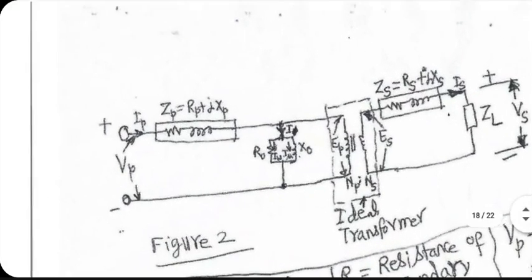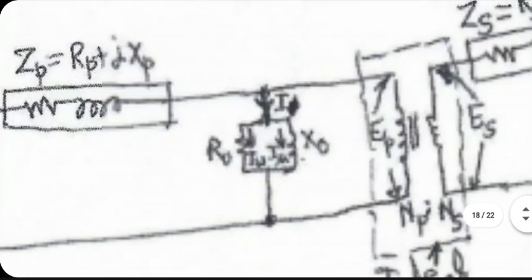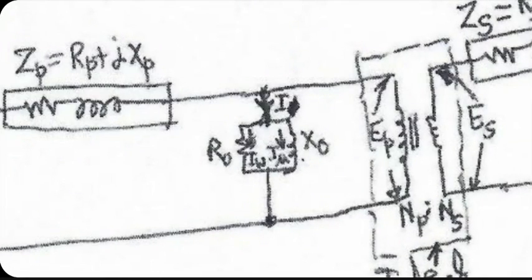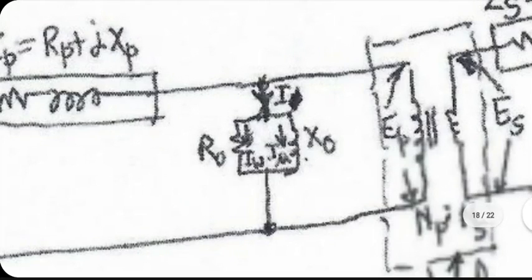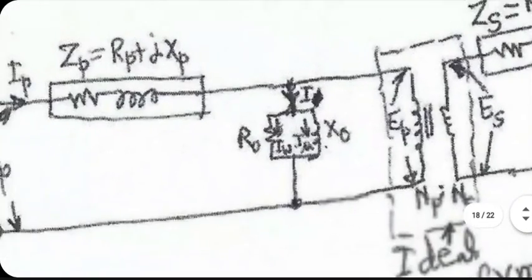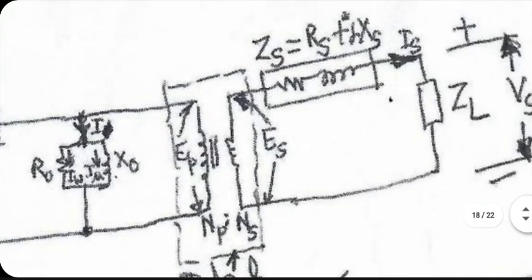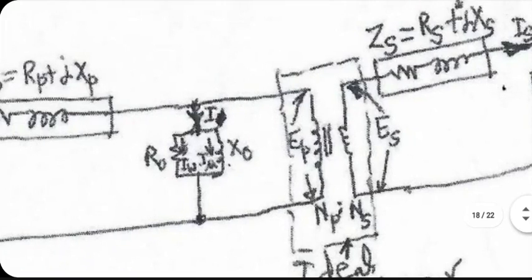Then the core effect is taken care of by putting a circuit in parallel with the primary. This is all approximate description, by the way. It's not 100% accurate, but close enough. The core, by the way, will be continuously magnetized. Even if you connect nothing to the output or the secondary of the transformer, even then core current would continue to be there.